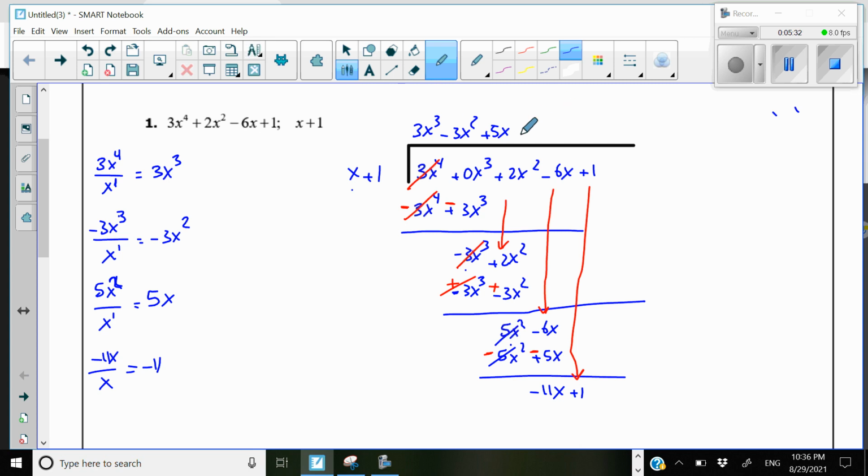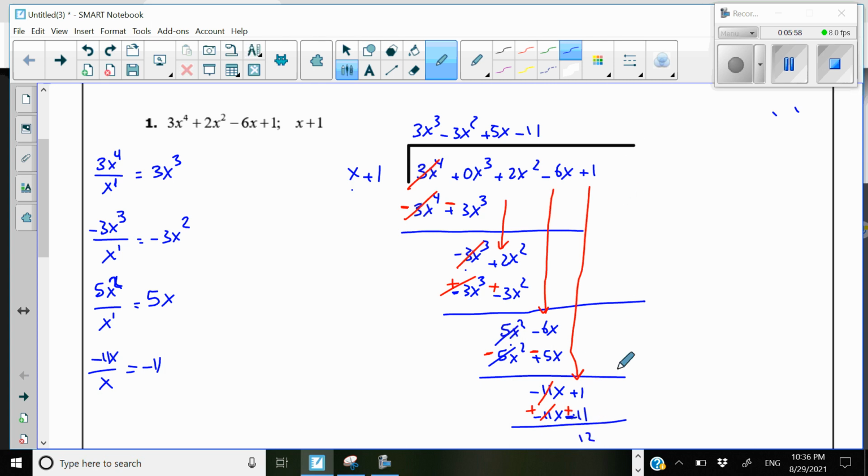So I'm going to write negative 11 here. Multiply that by both of the terms. Negative 11 times x is negative 11x. Negative 11 times 1 is negative 11. Now, change the signs. Positive and positive. These two cancel each other, and 11 plus 1 will be 12.